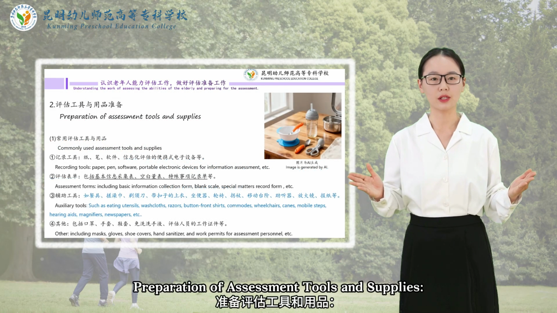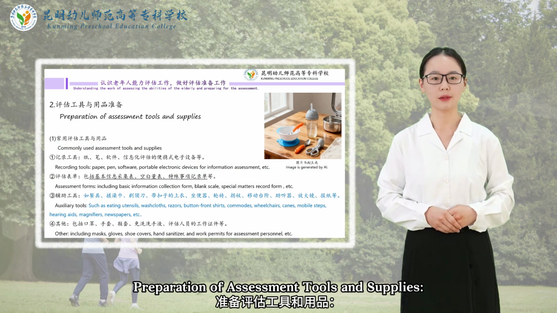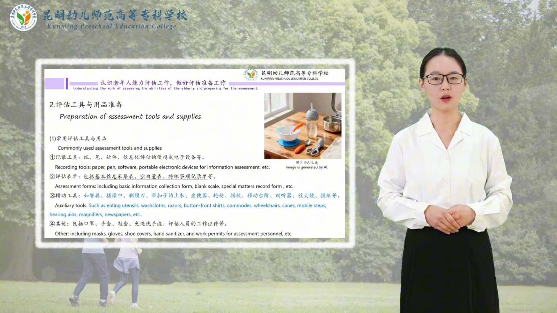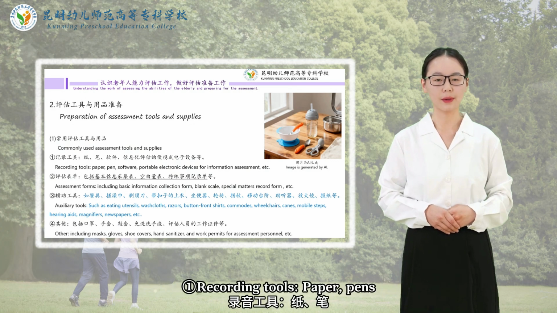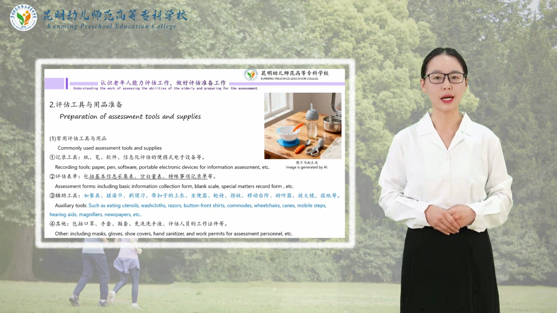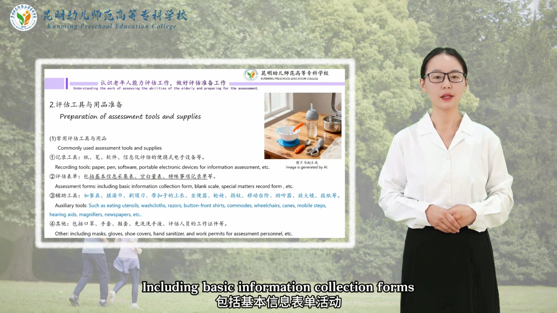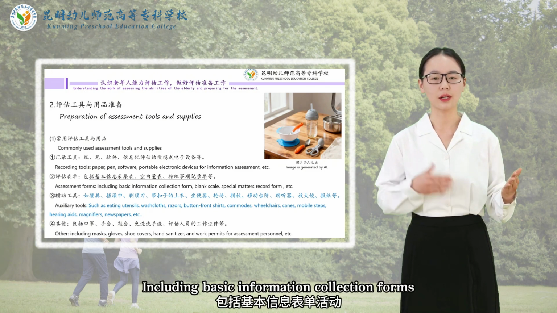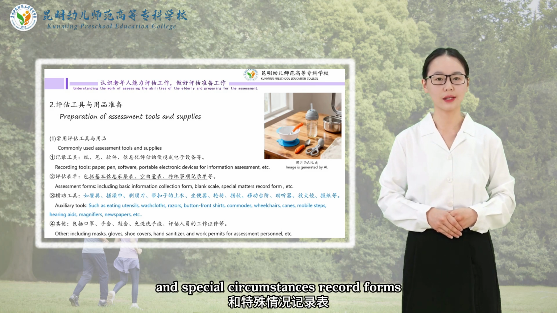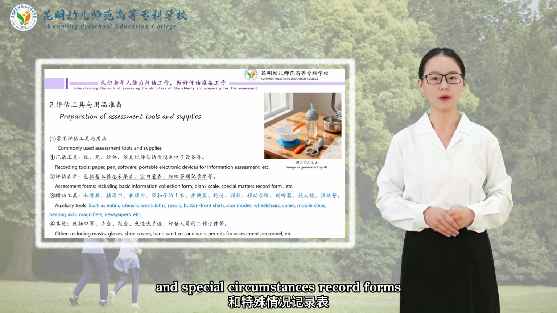Second, preparation of assessment tools and supplies. 1. Common assessment tools and supplies. First, recording tools, paper, pens, software, and portable electronic devices for digital assessments. Second, assessment forms, including basic information collection forms, blank assessment scales, and special circumstances record forms.